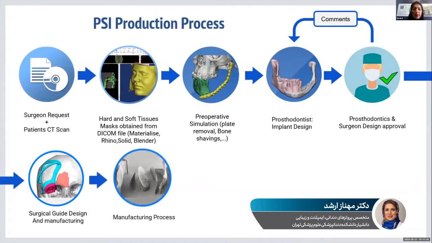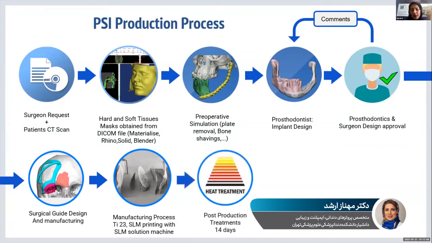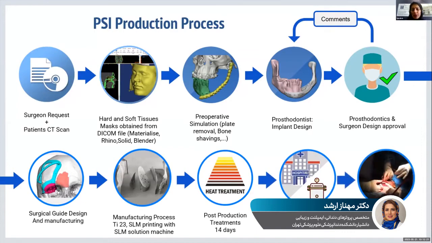Maybe they make some surgery guide to place the printed subperiosteal implant, and then we take scans of that, then go to the cleaning room, and then the patient undergoes surgery. After 3 weeks after surgery, we can deliver the temporary crown, and after 3 months we can deliver the final prosthesis.